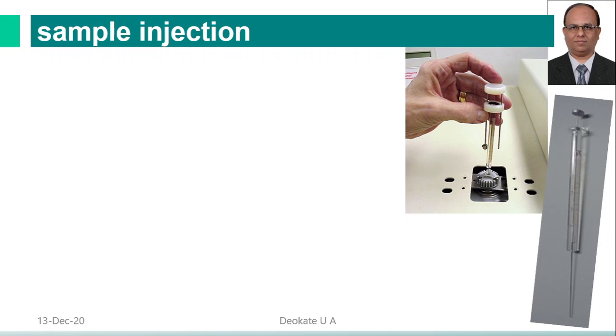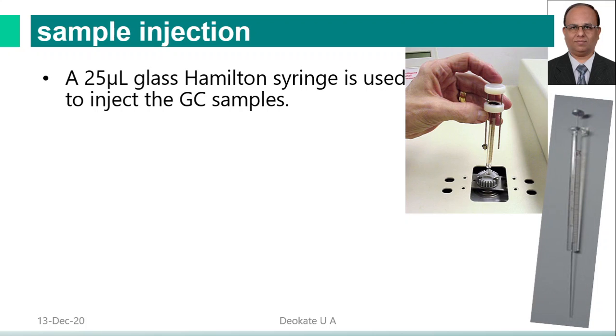This is the hypodermic syringe and needle, a Hamilton type syringe, where sizes up to 25 microliters are used. Variable sizes are available: 5 microliter, 10 microliter, 25 microliter. There is a protector to prevent damage to your plunger.